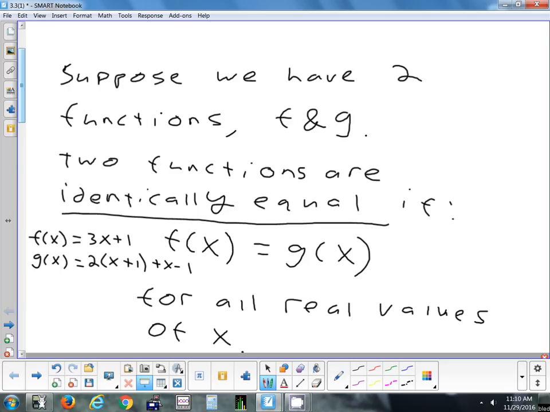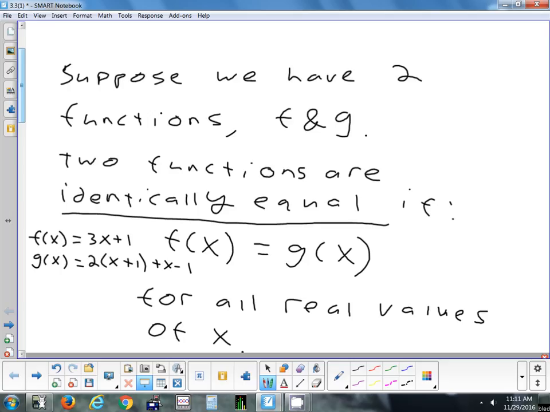If you simplify g of x, it will simplify to the same thing as f of x. Do your distributive property, you get 2x plus another x is 3x. 2 times 1 is 2. Take away 1 is 1. So here's an example where f of x and g of x are the same thing. It's just not obvious because it's not simplified.